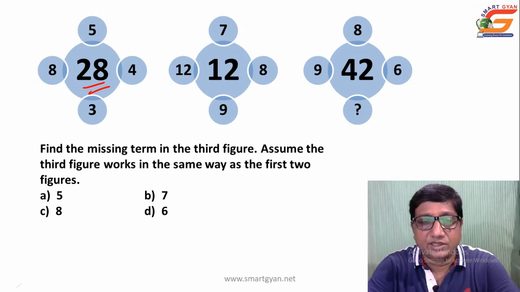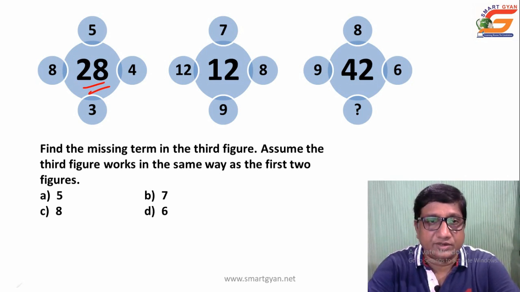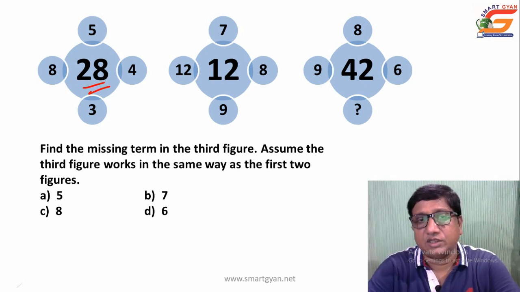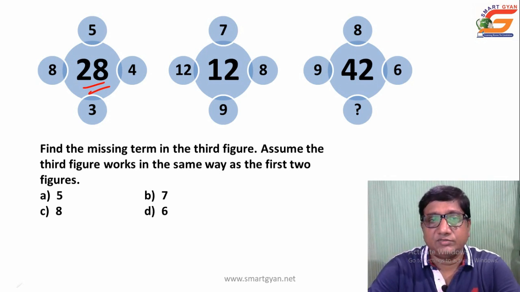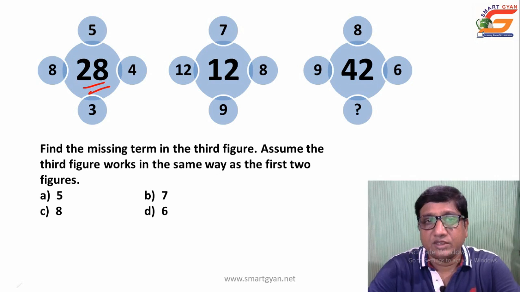Okay, how can we obtain 28? That is 5 into 3, 15, 8 into 4, 32. If you multiply this, 28 is a greater number, you cannot reach it by adding all these: 5, 4, 9, 3, 12, 8, 20, but it is coming to be 28. Then it is not the addition of all the figures. Then 5 into 3, 15, plus 8 into 4, that is 32, plus 15 is 47, that is also not working.